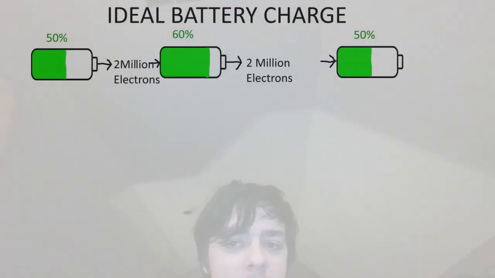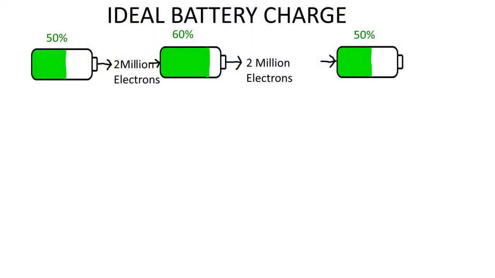Okay, so important to note, if I have the world's smallest battery and I could fit 2 million electrons into the battery, and let's say before I put the 2 million in, it's only at 50% battery charge. But when I put the 2 million electrons in, it charges it 10%, from 50% to 60%.